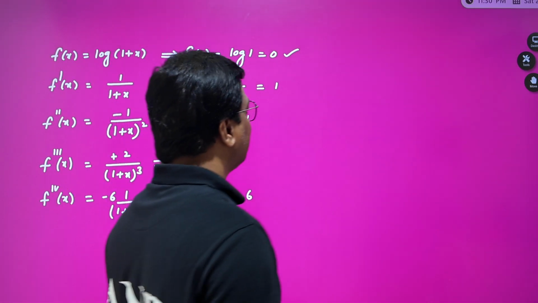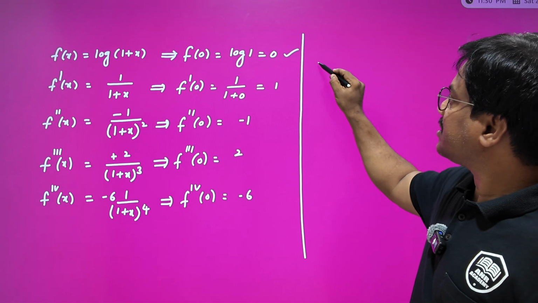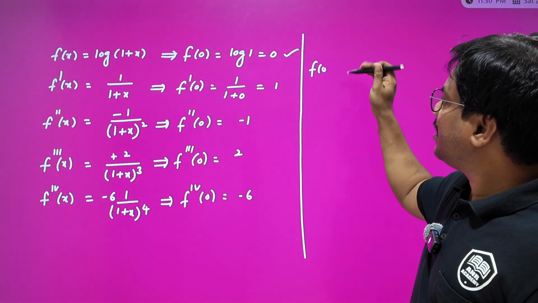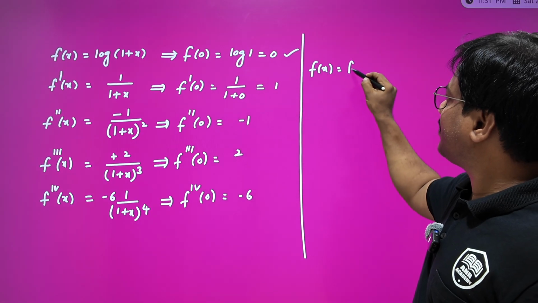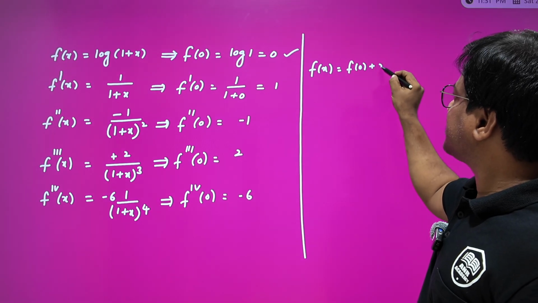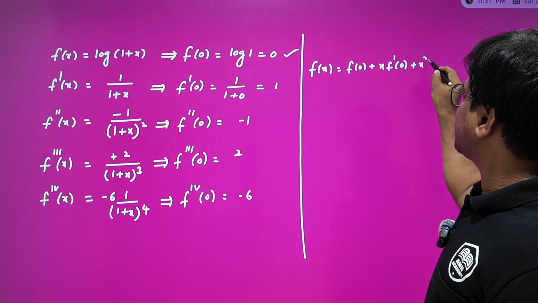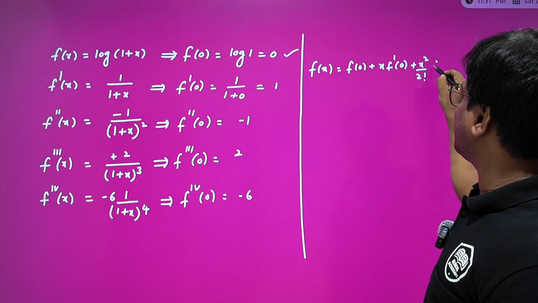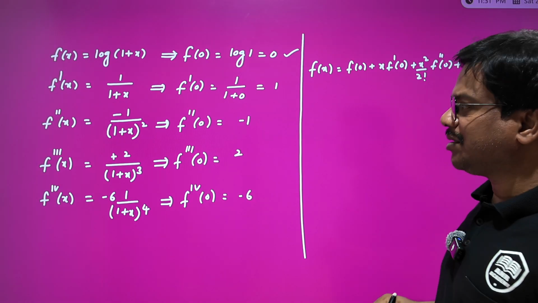Now substituting in the Maclaurin's series of expansion, f of x, you know that f of 0 plus x into f dash 0 plus x square by 2 factorial into f double dash 0 plus and so on.